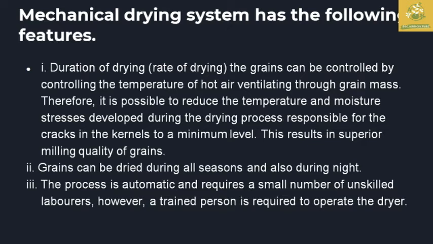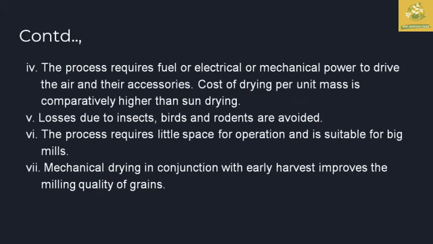So there is no need to wait for the sun to get solar energy, and the process is also automatic. It requires only a small amount of unskilled labor, and a trained person to operate the dryer during operation times.